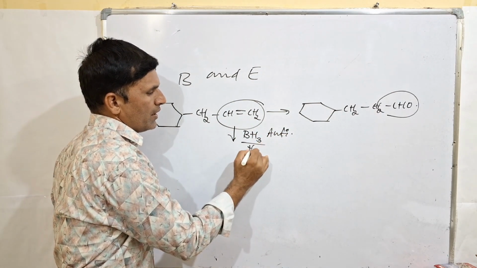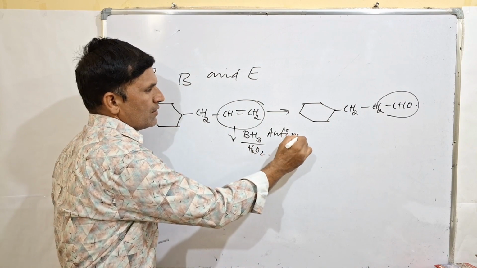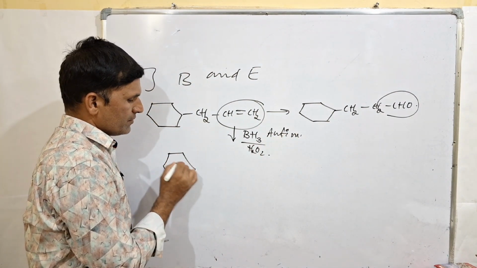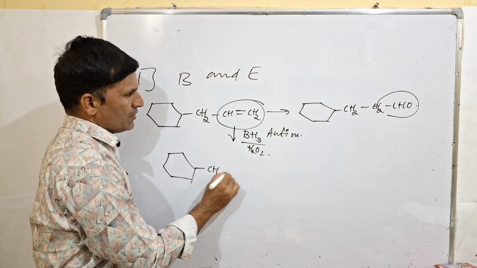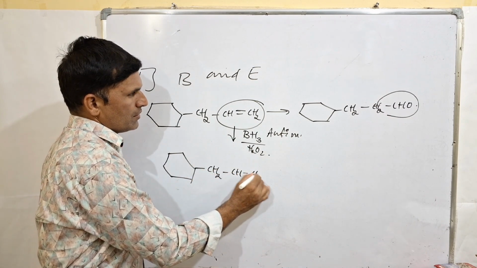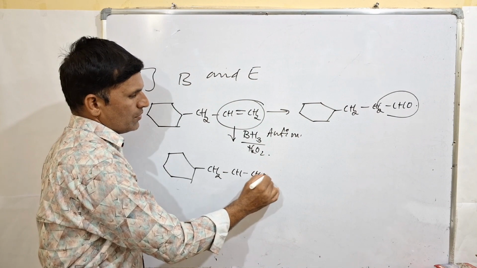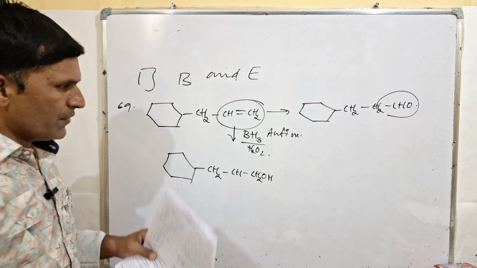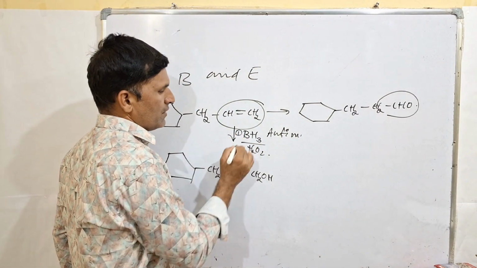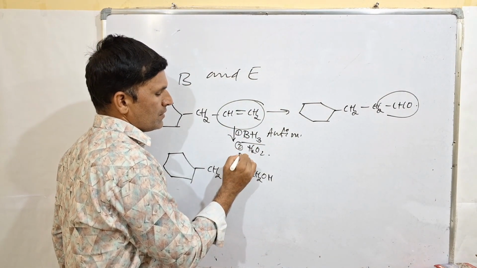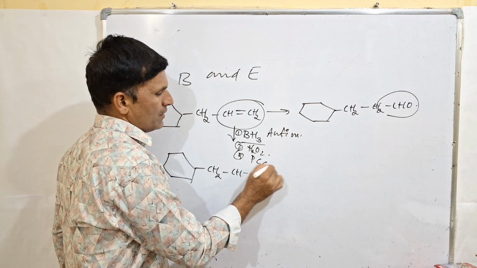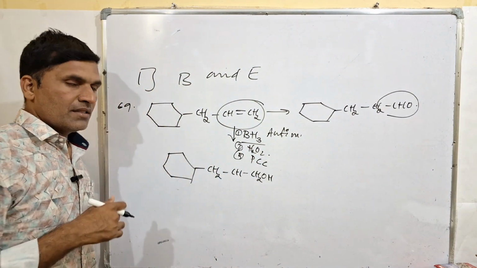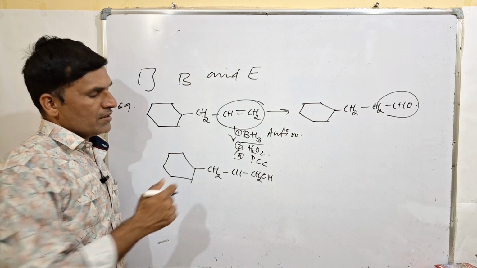Okay. For H2O2 you take. So therefore your product initially what we are going to get? CH3CH2CH2OH we will get. Okay. Then followed by PCC, if you use PCC, that is pyridinium chlorochromate, a mixture of pyridine, HCl and chromic oxide.